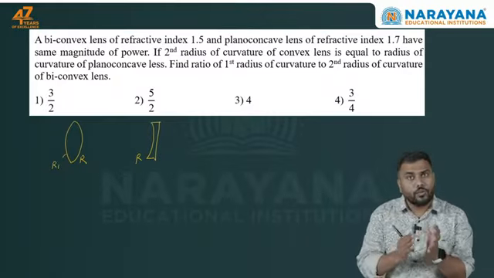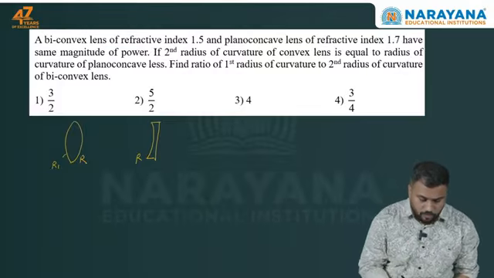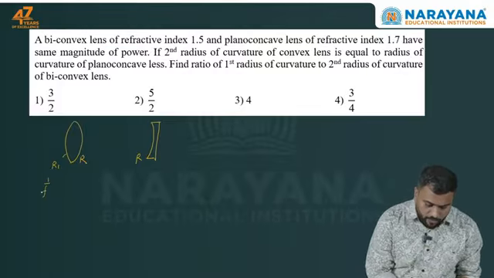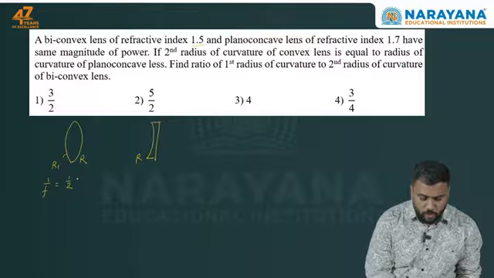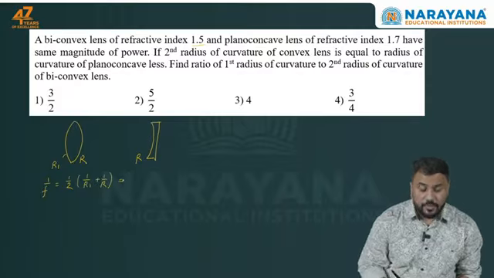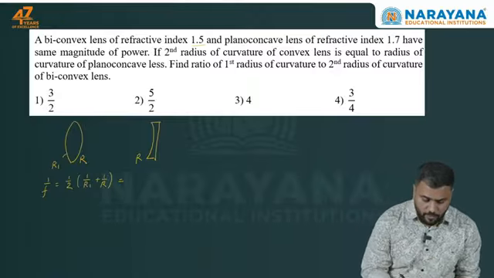The power of the two lenses is the same, so I can say the magnitude of focal length is also the same. The focal length of this convex lens will be 1 by f is equal to mu minus 1. Mu is given as 1.5. Mu minus 1 will be 0.5 into 1 by r1 plus 1 by r. This is the same as the magnitude of focal length of the second.